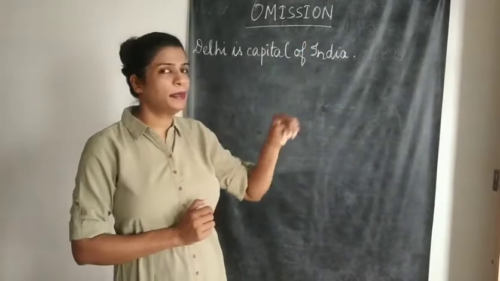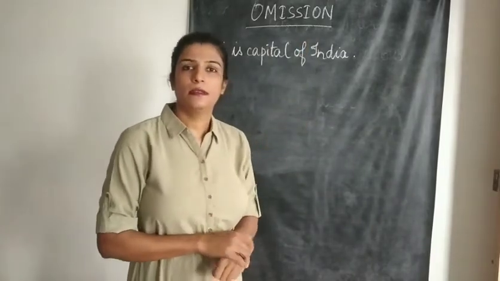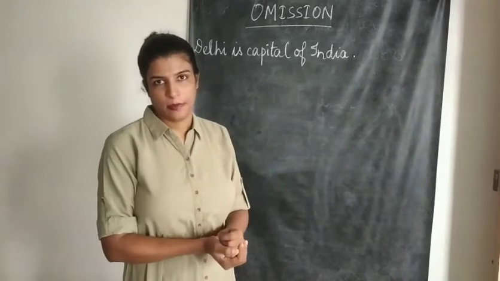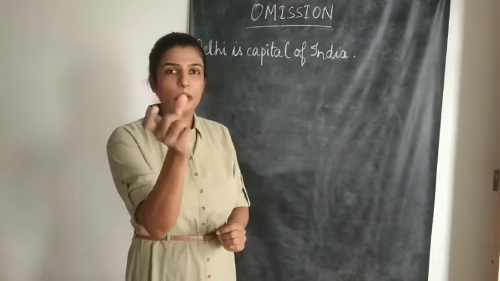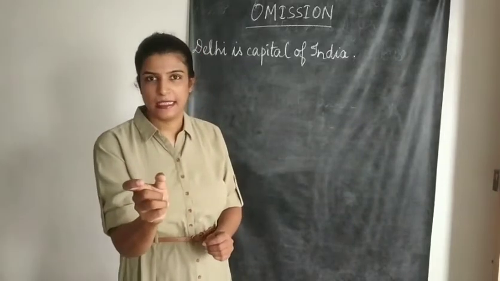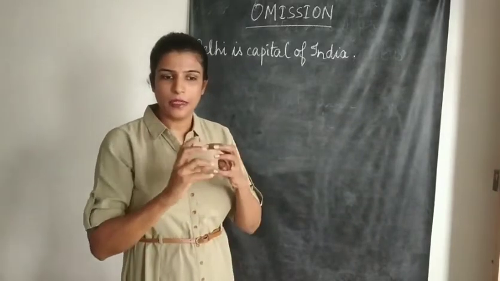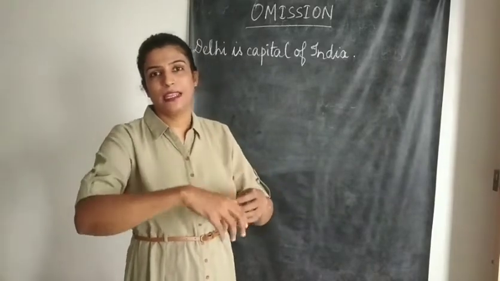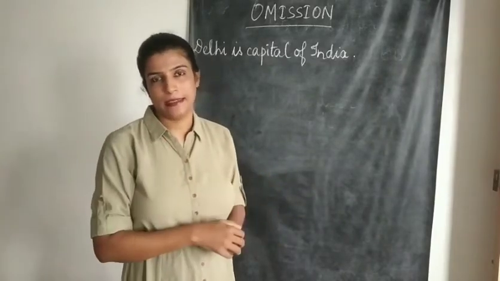Today we'll pick up the grammar part of your Section B, omission. The word omission has the word omit in it. Omit means something is missing or has been taken off from the sentence.